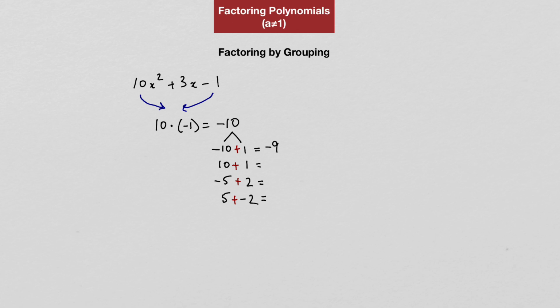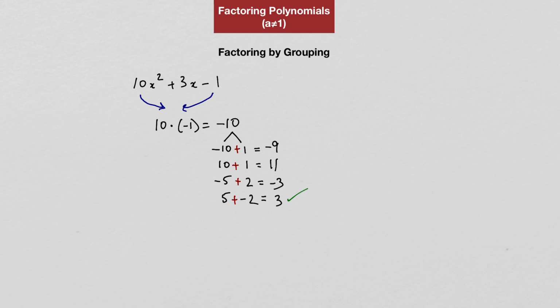For the second, we have 10 plus 1, and that's 11. So that's not it. For the third pair, we have negative 5 plus 2. That gives us negative 3, and that's not it. And the last one is 5 plus negative 2, and that gives us 3. And that is exactly what we're looking for.